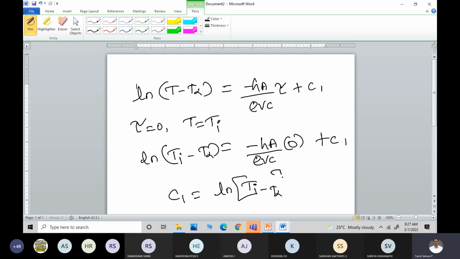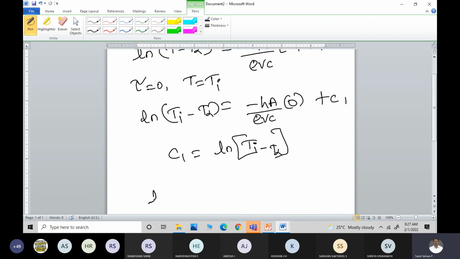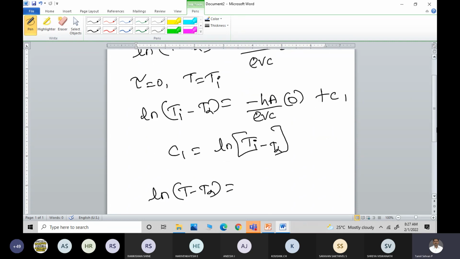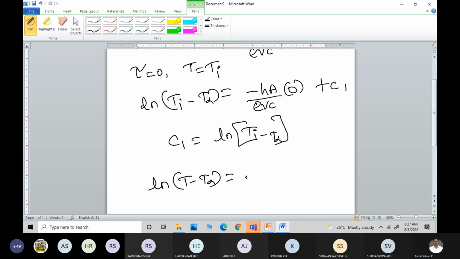Now, when you substitute this C1 in the original equation, you will have natural log of T minus T infinity equal to minus HA tau by rho Vc plus, in the place of C1, natural log of Ti minus T infinity.